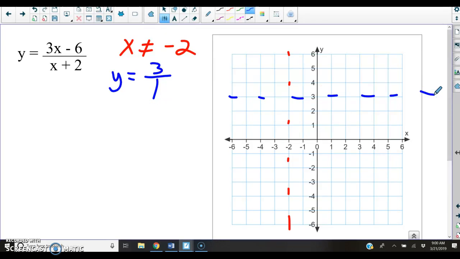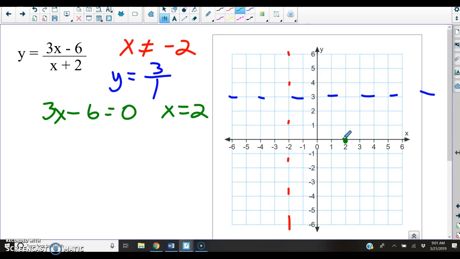That helped me. Now I'm going to find my zeros. So the next thing I'm going to do is say 3x minus 6 equals 0. So x equals 2. I did 2 steps there. I added 6, divided by 3. So x equals 2 is a 0.